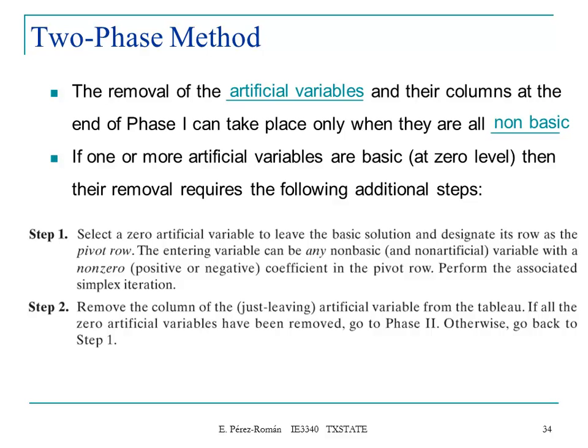iteration. So let's say you know that x1 and x2 are part of your basic variables. So let's say we had x3 as well, and we have r1 and s1 e1. At this point, we know that x1 and x2 are basic variables, so you cannot perform this step using x1 and x2, but you can use x3.